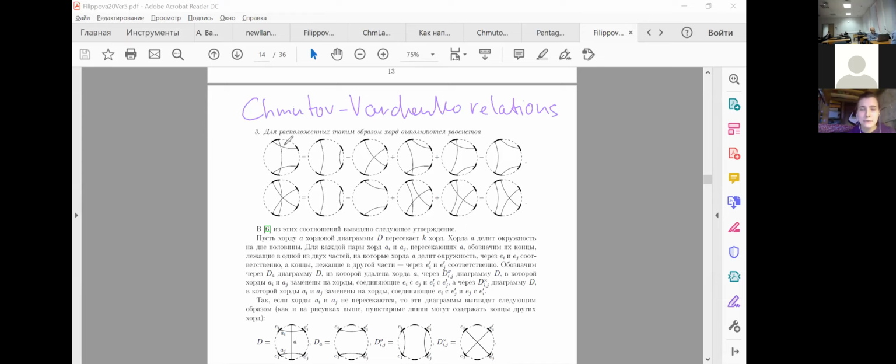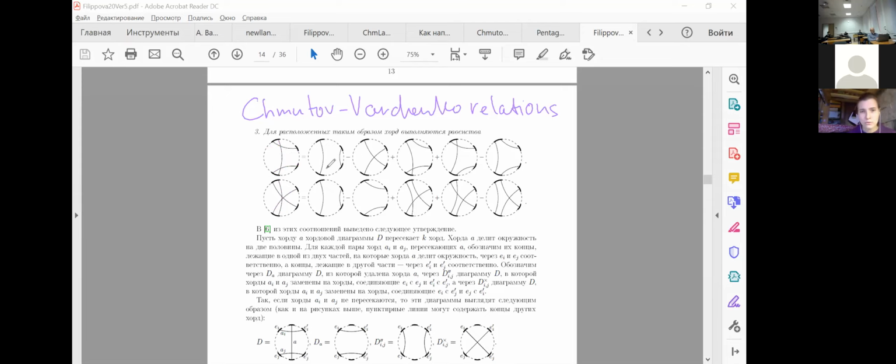But if we have a chord diagram without leaves, then it has three chords that are arranged like this or like this. So we may use one of these relations, but moreover, if one of these diagrams is a leaf, we also may use these relations.